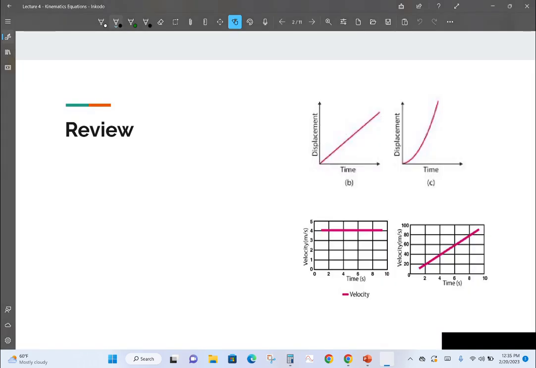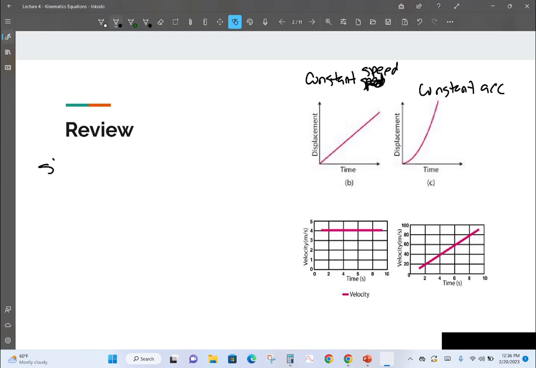So remember that if you're traveling at a constant speed, your position graph is a line. Speed or velocity, right? And if you are constantly accelerating, that it is a parabola.